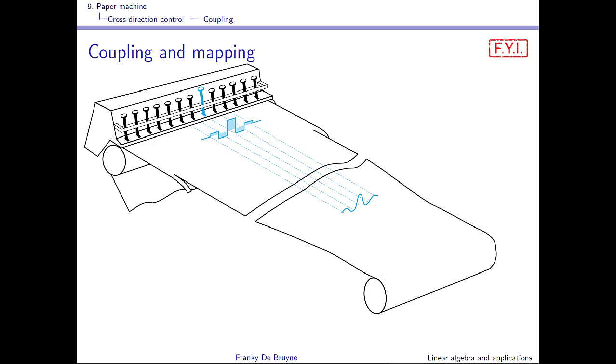So this is the phenomenon of coupling. The blue actuator is not only influencing its own measurement, but it's also influencing the measurements that have been assigned to other actuators. So if you don't take this into account in your control, this is going to give rise to problems.